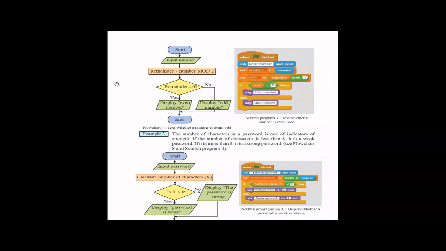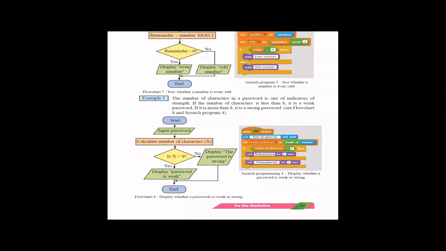The third example is checking whether the password is strong enough. Normally, to have a strong password, there are things you have to worry about. Basically, the length should be more than 8. Other than that, it should have capitals, special symbols, numbers like that.